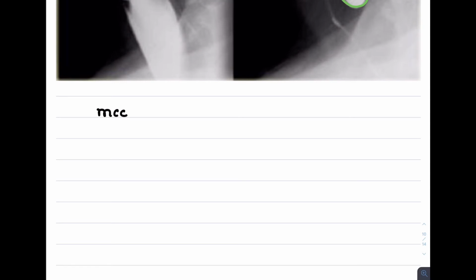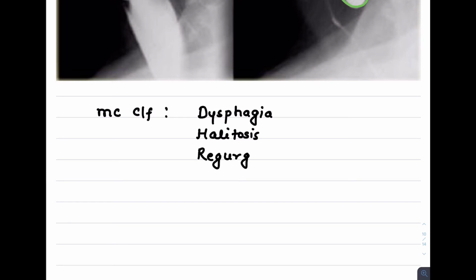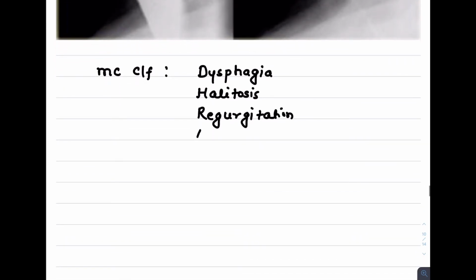Most common clinical feature of Zenker's diverticulum is dysphagia. You can guess it from above that if there is an obstruction in the esophagus, it will cause difficulty in swallowing. If there is accumulation of food, it will cause halitosis, and ultimately this food will regurgitate. So regurgitation of the 2-3 days old food, and aspiration.